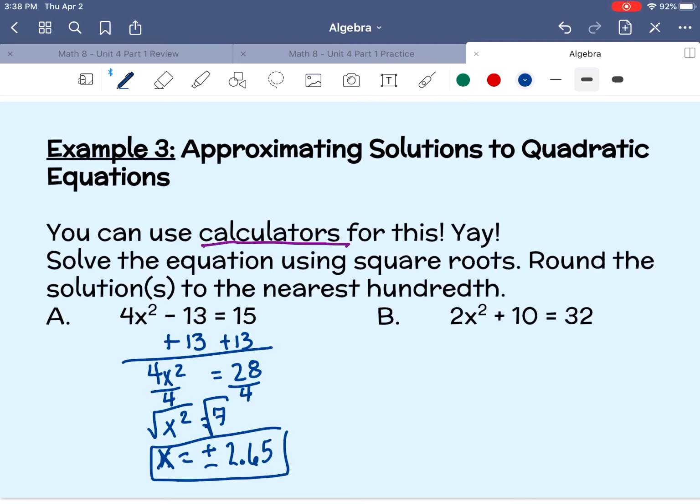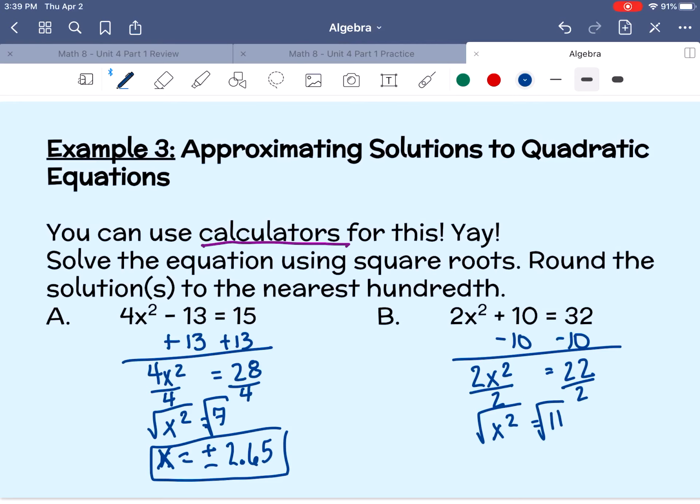On letter B, same process. We need to move the 10 first. So let's subtract 10 from both sides. I'm left with 2x squared equals 32 minus 10, which is 22. I need the x squared by itself, so I'll divide both sides by 2. And I have x squared equals 11.